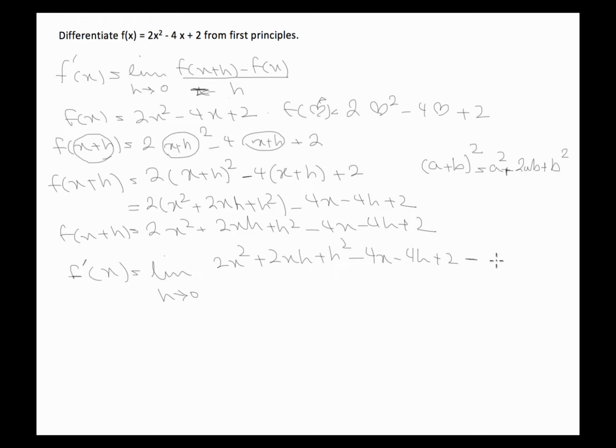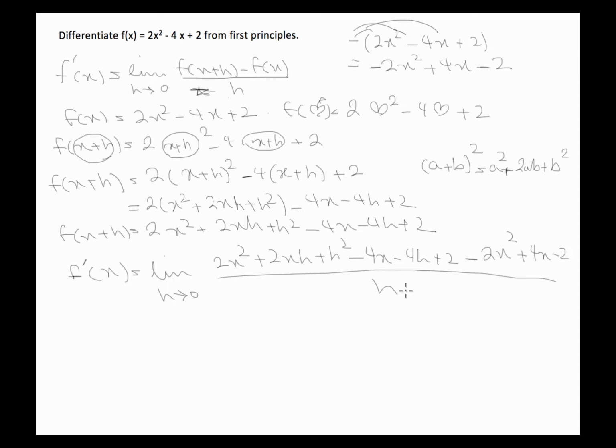It's this. Remember that because it's minus that, you'll have minus (2x squared minus 4x plus 2). When you subtract that, you need to multiply these minuses by each of these. Therefore, you will have minus 2x squared, minus times minus is positive, and minus times plus is negative. So you will have minus 2x squared plus 4x minus 2 here, over h.